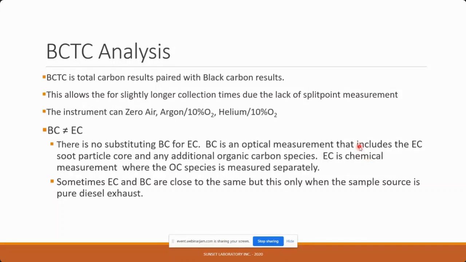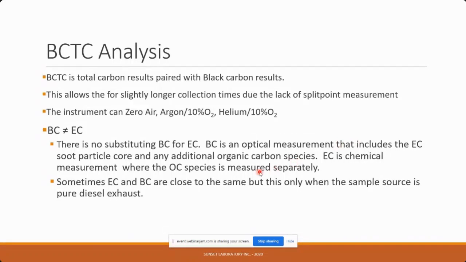This is important to know, because the measurement of black carbon is an optical measurement. So we're using heat and the oxidizing process to measure elemental carbon, whereas for black carbon measurement, we're using absorption spectrometry.